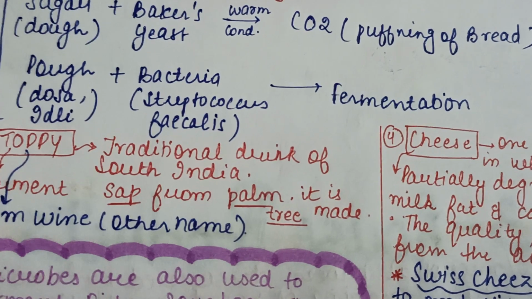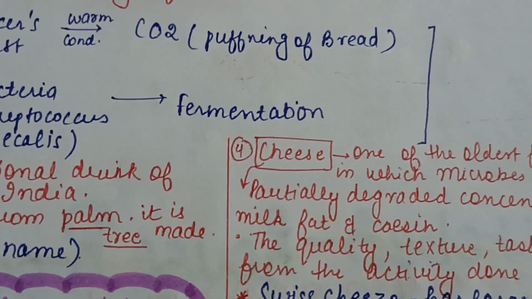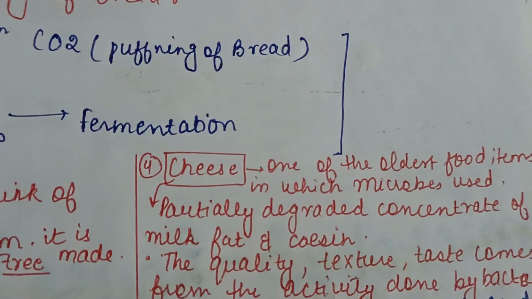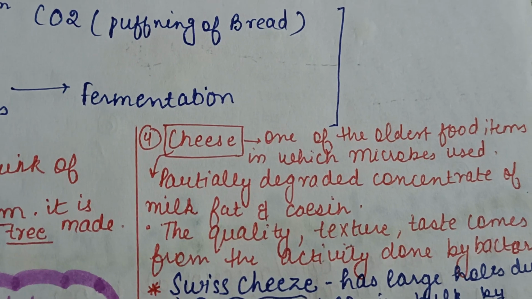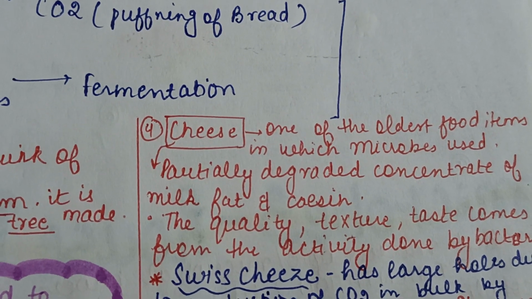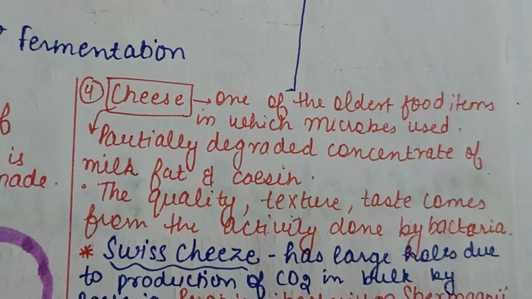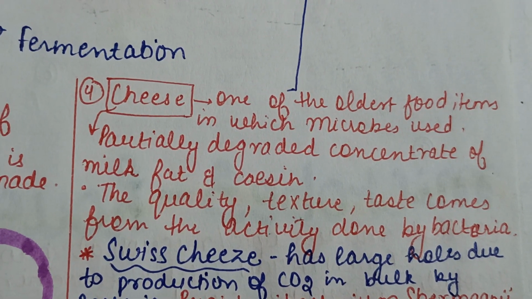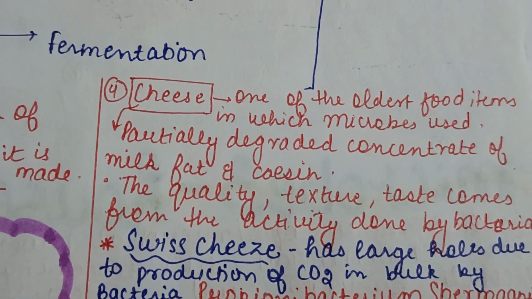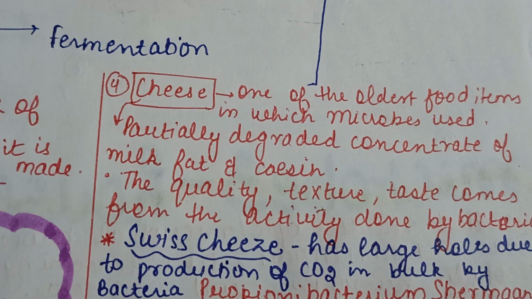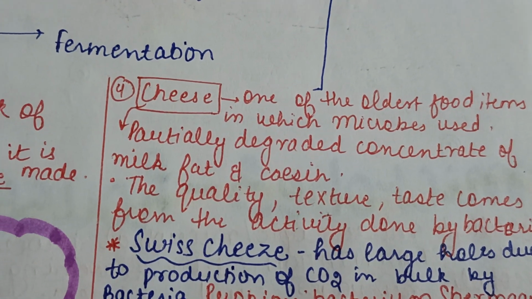Okay, then if we talk about cheese, which is mostly used as a very good taste maker in our dishes like Maggi noodles. Let's study. Cheese is one of the oldest food items in which microbes are used.